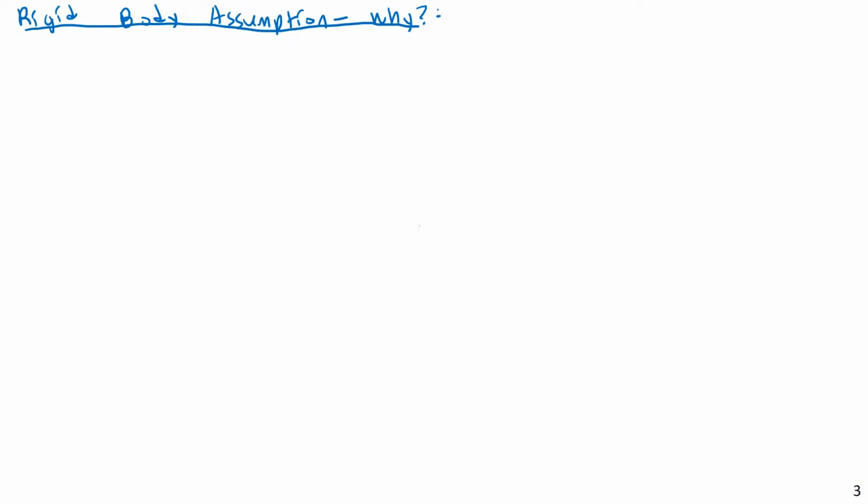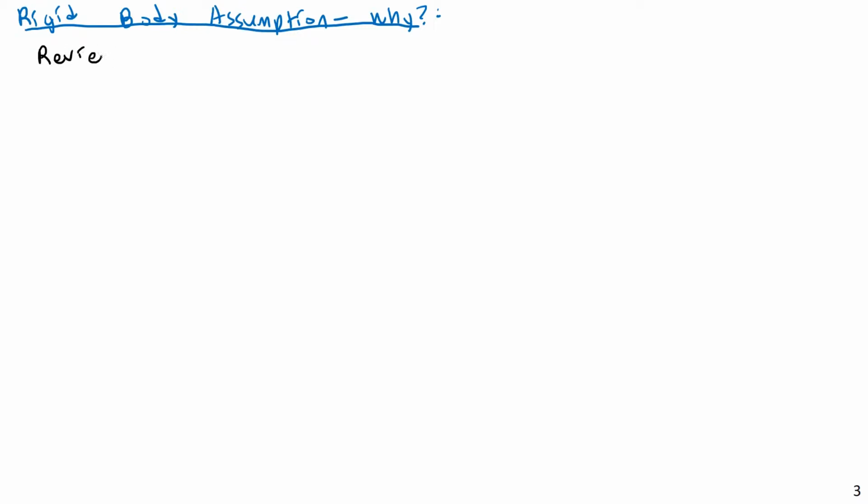It's pretty easy to see why we use the point particle model. Using a point particle model allows you to completely ignore moments and rotation in terms of equilibrium. But why do we use rigid body? Well, first of all, let's do a bit of a review.